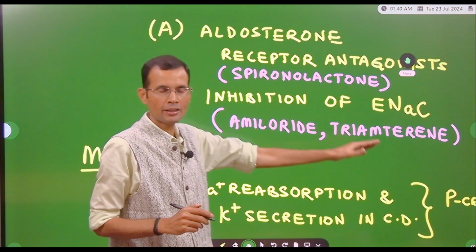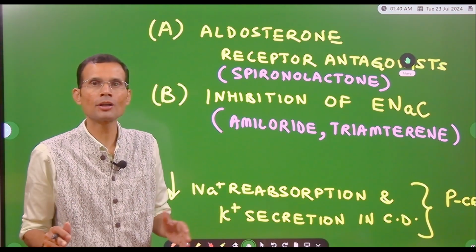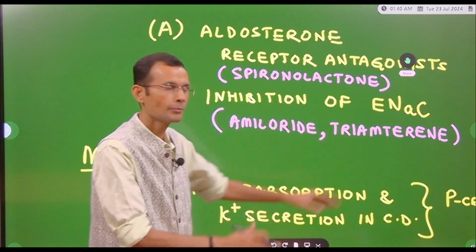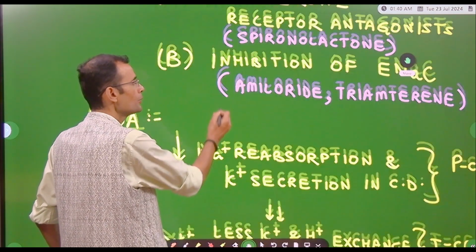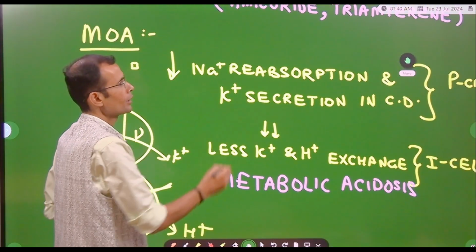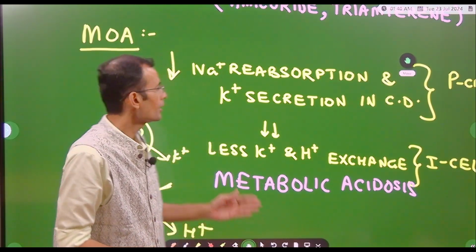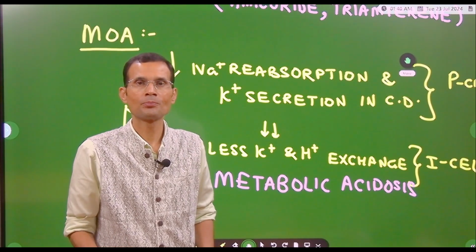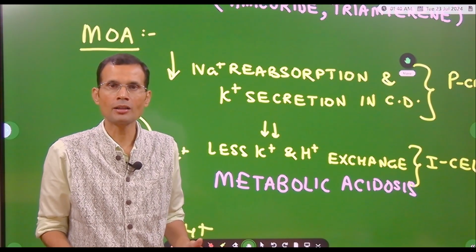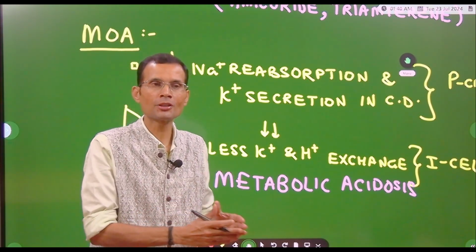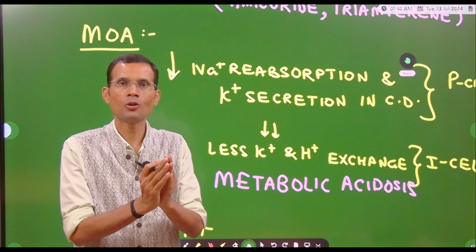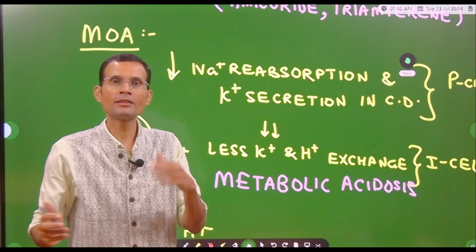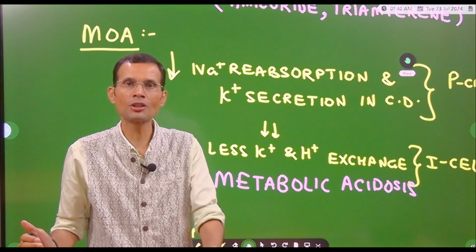Therefore ENaC, the epithelial sodium channel, is also called the amiloride sensitive channel. It's going to block that channel. So that is how they stop the reabsorption of sodium, and thereby they also decrease the secretion of potassium. We have seen so far that sodium reabsorption is at the core of the entire thing. If the sodium is getting reabsorbed, it is creating that lumen negative potential.